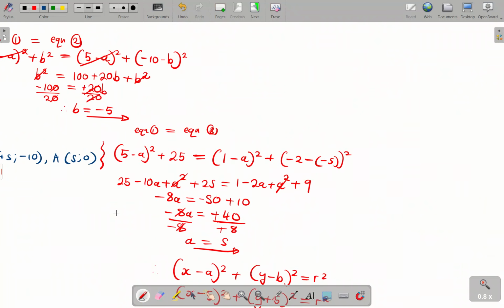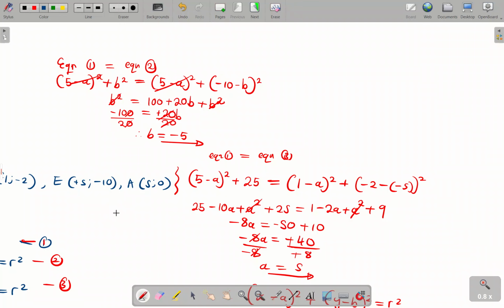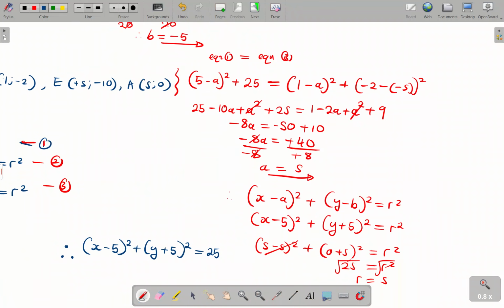I don't think I made any errors there. Let me see this. 120, b squared, that's okay. Then this 25 and then that, and then 1 minus that, and then a squared and then 9.